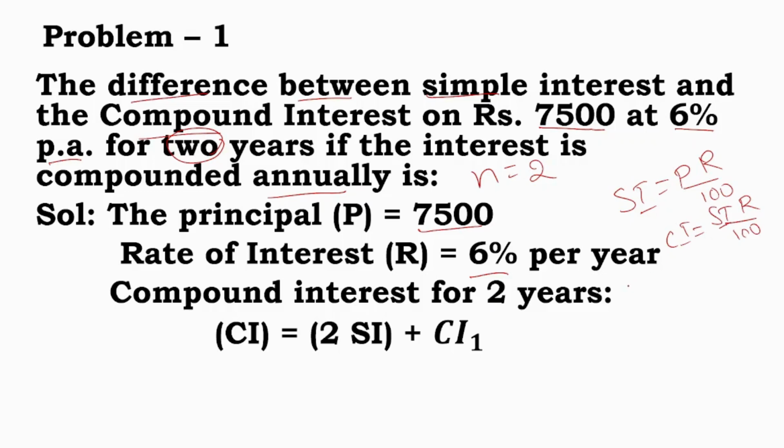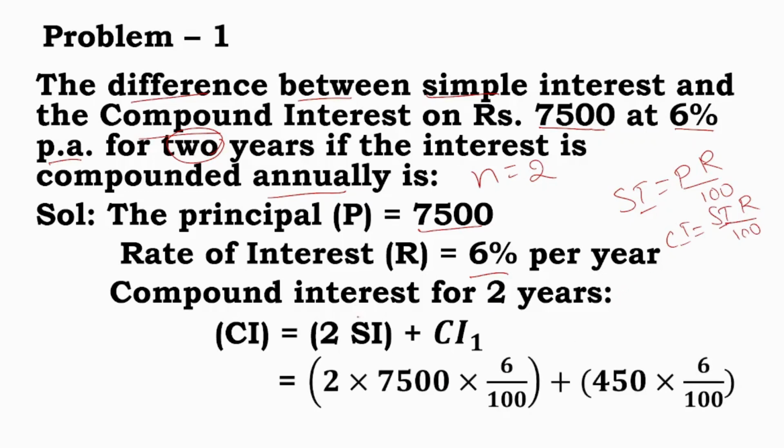So for this reason, 2 into principal 7,500 into rate of interest 6 by 100. So the simple interest, see here, 0 cancels. 6 fives are 30. 6 sevens are 42. 45. So 450 rupees for 7,500.